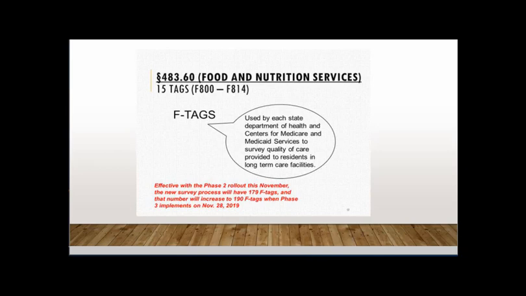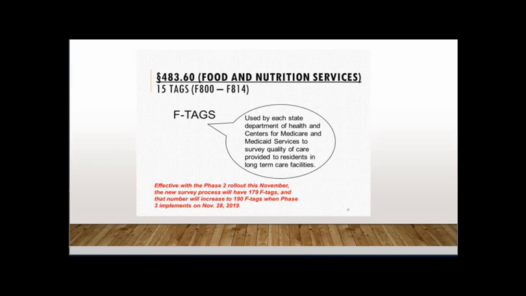Once again, this rolled out Tuesday of this year, and they're going to add more F tags in November of 2019, so that will increase from 179 total up to 190.